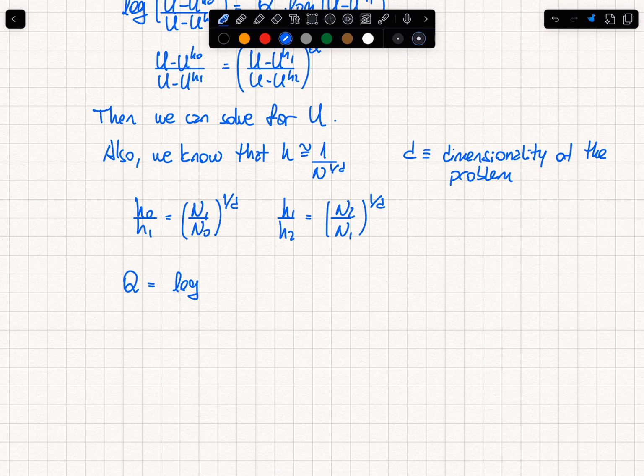So it's log of N1 divided by N0 divided by log of N2 divided by N1.